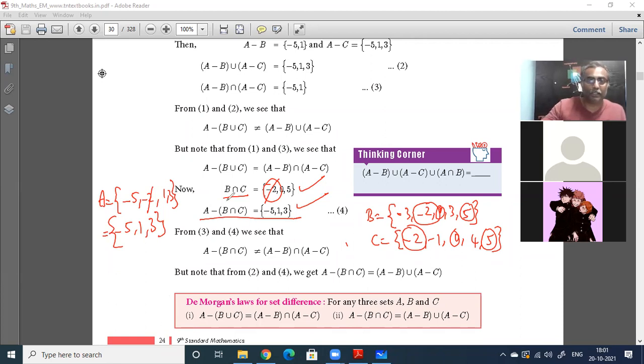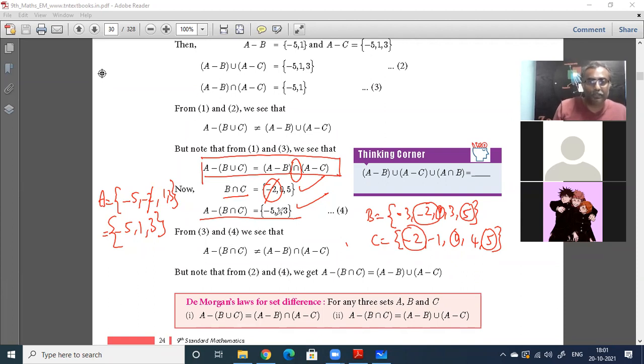Now what you see: (A minus B) intersection (A minus C) was minus 5, 1. So he derived one law, A minus (B union C) is equal to (A minus B) intersection (A minus C). Now he is deriving another law.